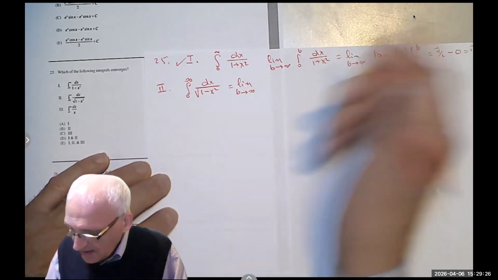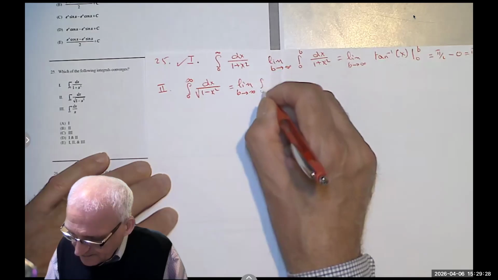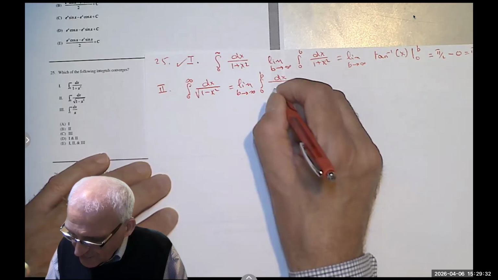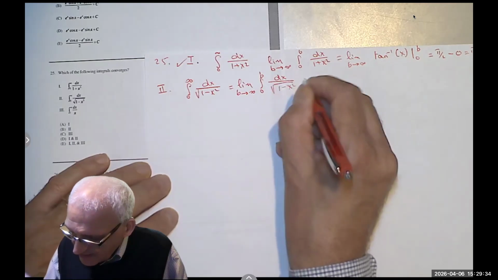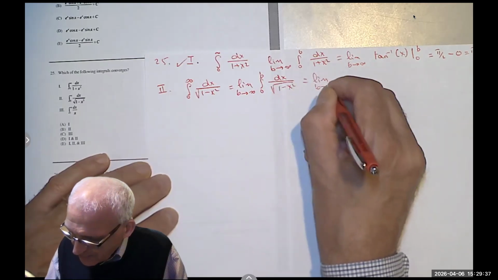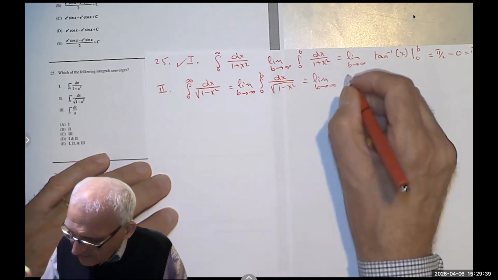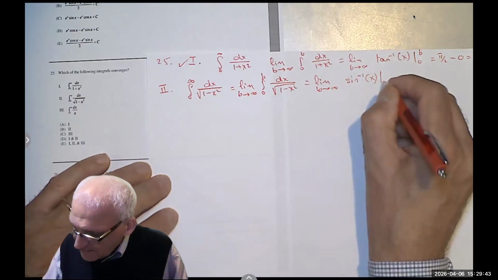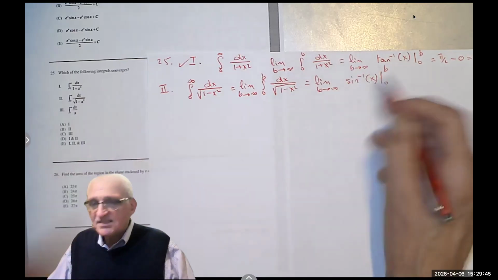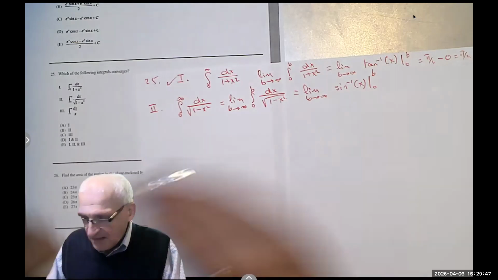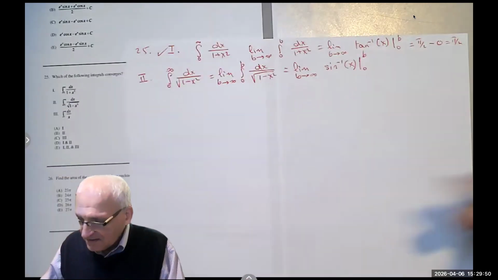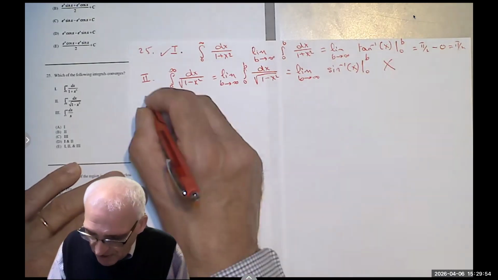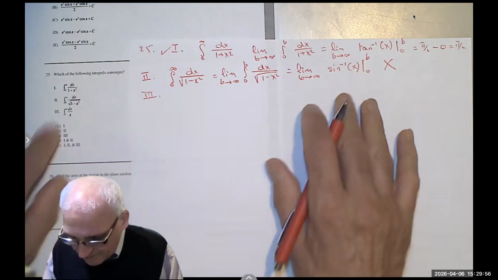You can simply say it's dx over the square root of 1 minus x squared equals the limit as b approaches infinity of arc sine of x evaluated from 0 to b. But when b is infinity, this thing is undefined. So we say it diverges. So it doesn't converge.